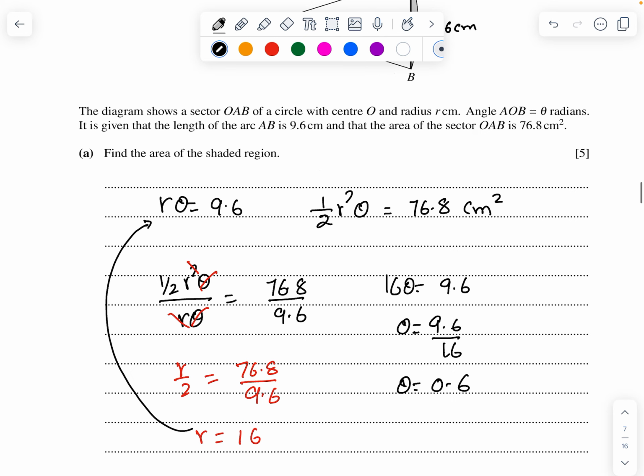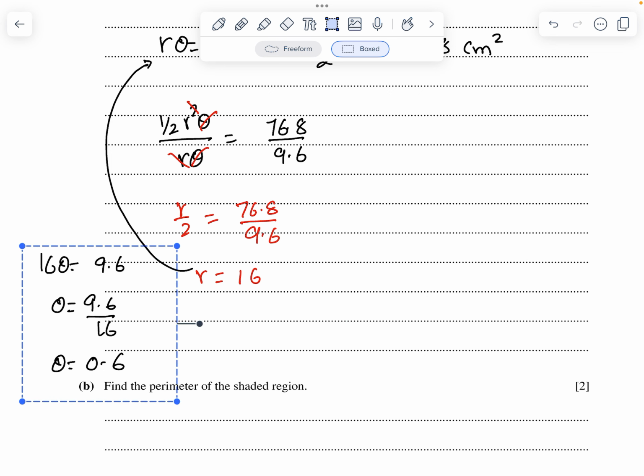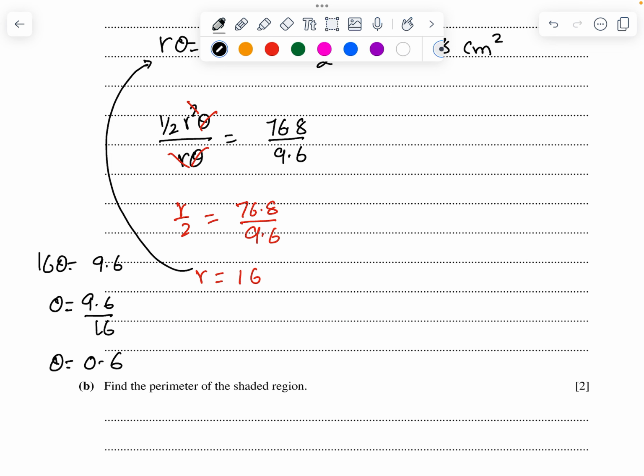What is being asked? What is the area of the shaded region? So I substitute that over here. Now the area of the shaded region will be area of sector minus area of triangle.